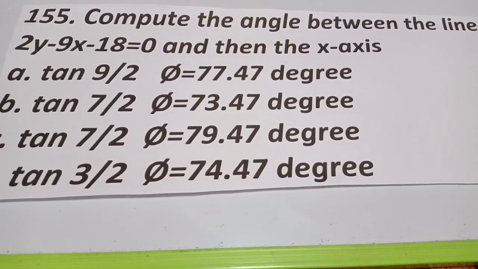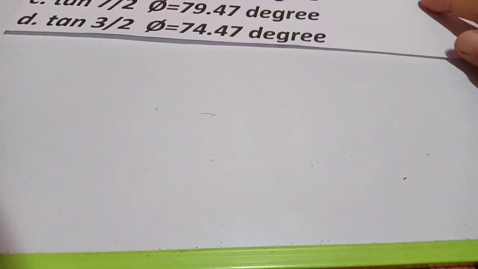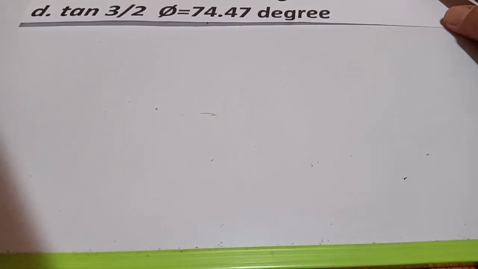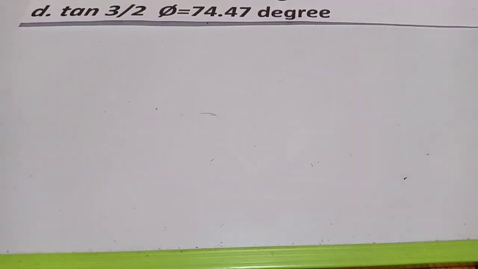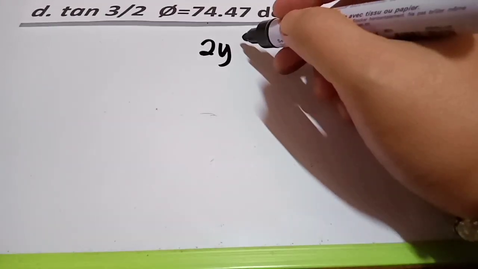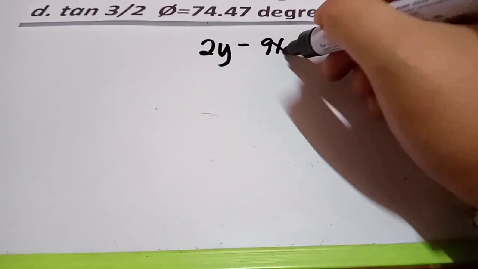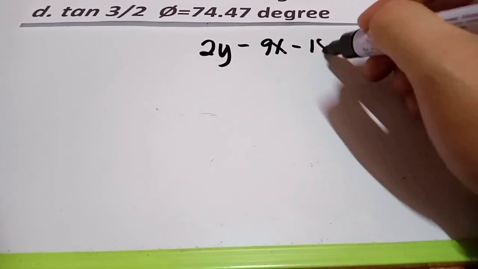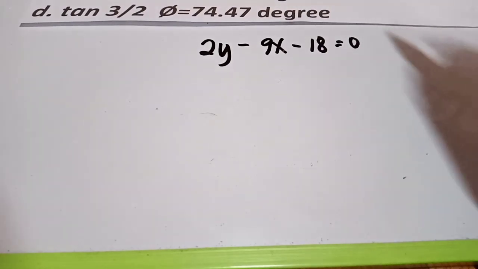So how do we get the solution in order to get the slope or the tangent? Let's have the solution: 2y minus 9x minus 18 equals 0.